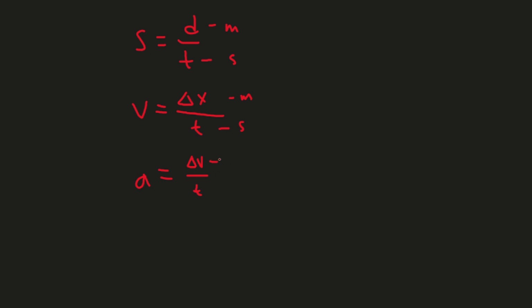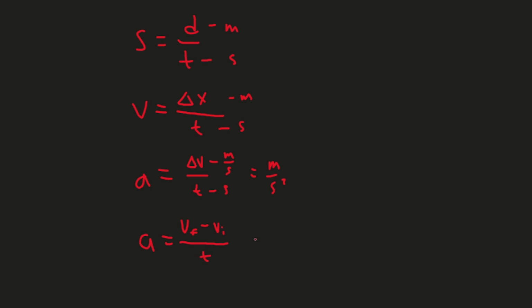And we know that this is meters per second, and this is seconds, which would equal meters per second squared. Now a common way to rewrite this would be acceleration equals velocity final minus velocity initial, which could also be v naught, or v0, over time.